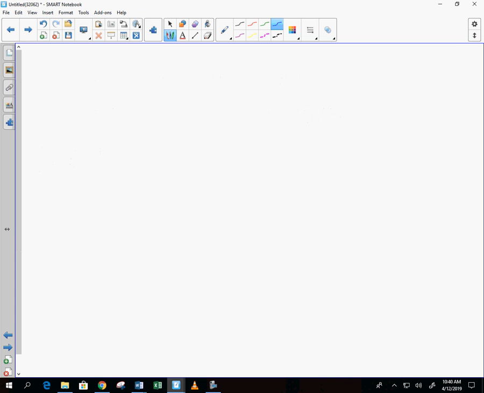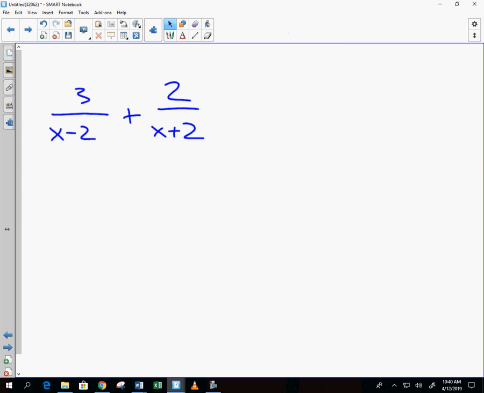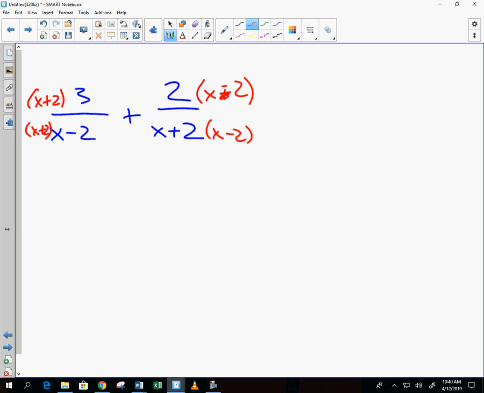Suppose that I had 3 over x minus 2 plus 2 over x plus 2. Could you add those together? Not right now. What do you have to find? A common denominator, and we can do that. So we get 3x plus 6 plus 2x minus 4 all over x squared minus 4.